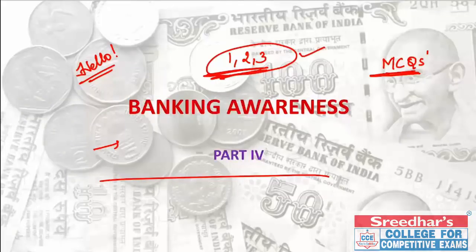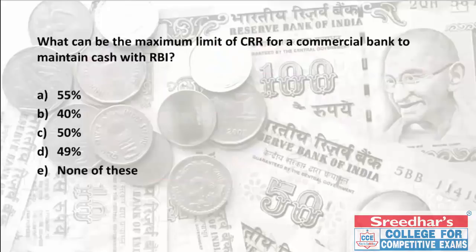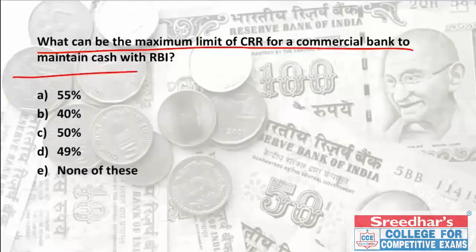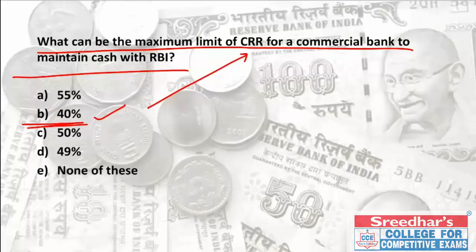Let's get into it. What can be the maximum limit of CRR for a commercial bank to maintain cash with RBI? 40%. What is the maximum limit of cash reserve ratio that is to be maintained for a commercial bank with RBI, Reserve Bank of India? It is 40%. The maximum limit is 40%.